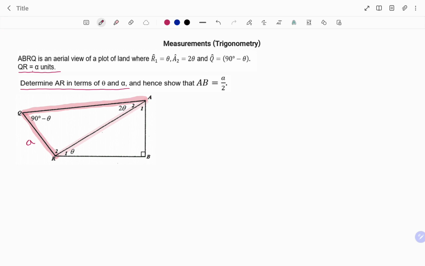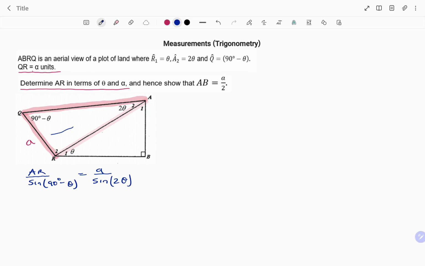So therefore, using the sine rule, which states that the ratio of the line AR over the sine of the angle facing AR, and that's 90 degrees minus theta, is equal to the side a over the sine of the angle facing a. That's 2 theta.